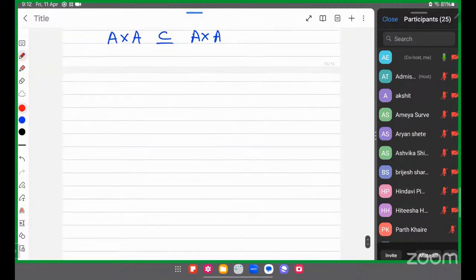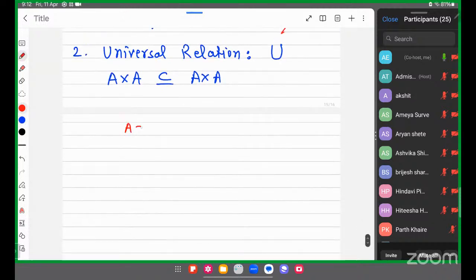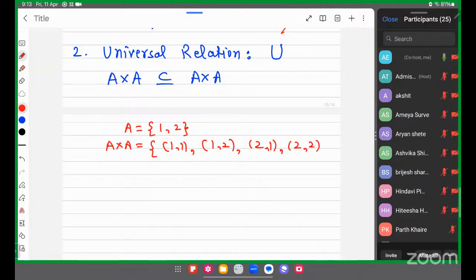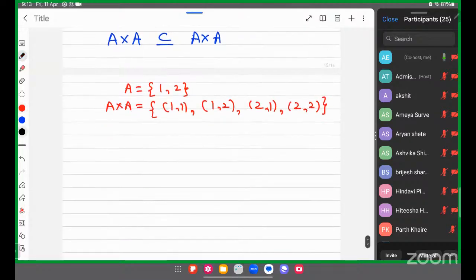For example, if I have set A as 1, 2, then A cross A will be (1,1), (1,2), (2,1), (2,2). I name a relation R1, and R1 is defined by (1,1), (1,2), (2,1), (2,2).